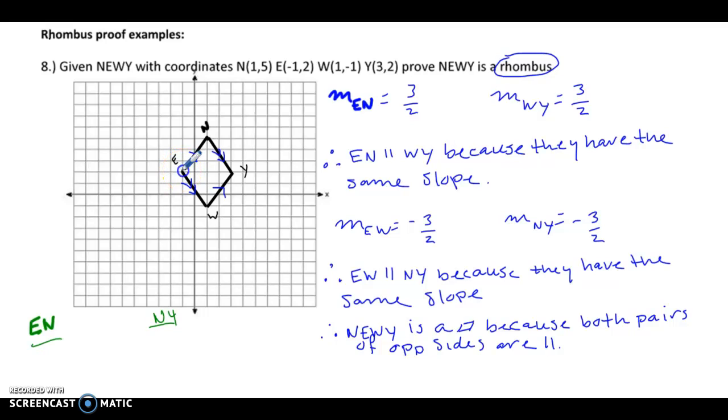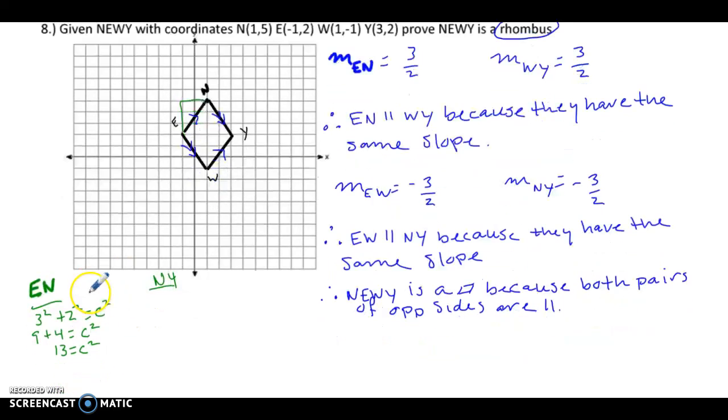So I would do Pythagorean theorem for that. So when I draw in my rectangle, it's just like when I counted the slope. It's going to be 3 squared plus 2 squared equals c squared. So 9 plus 4 equals c squared, or 13 equals c squared. And so c equals the square root of 13.